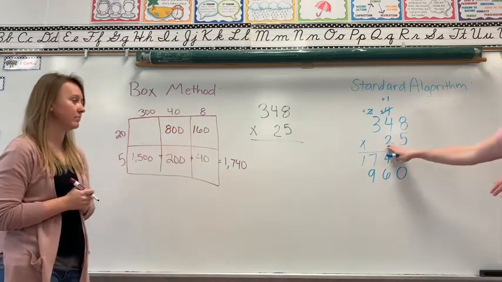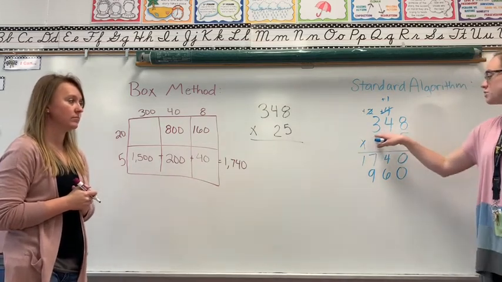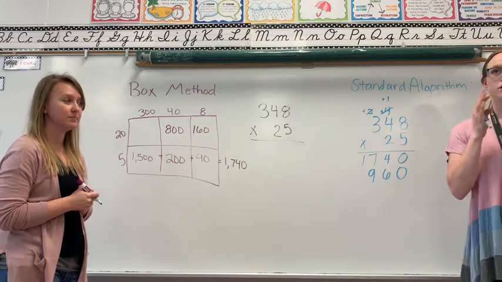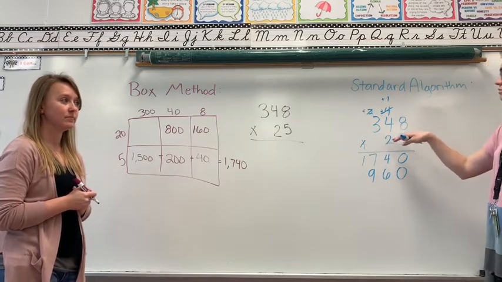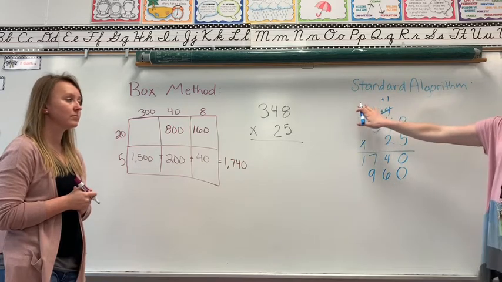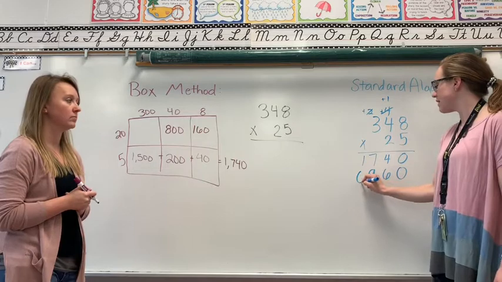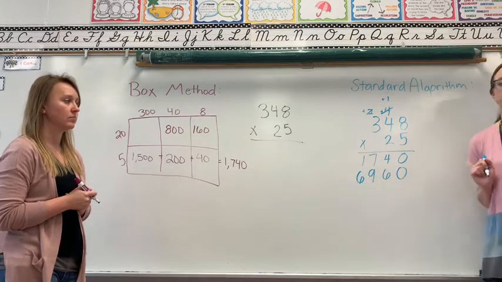And finally, we're going to do 20 times 300. Okay, so that would be 3 times 2 is 6, with 3 zeros on the end, so 6,000. I don't have anything to add here because I marked off the 2 from the last step. So 6 in the thousands place. That's why it's all the way over here in the thousands.